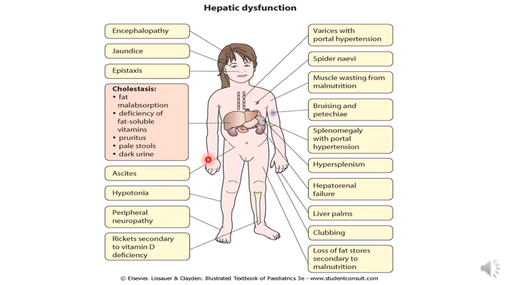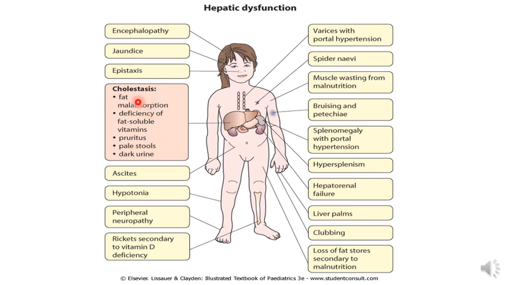Here, the hepatic dysfunction approach: a child with hepatic dysfunction or failure, you may see the CNS is involved, affected by encephalopathy, disturbance of consciousness, coma, jaundice, and epistaxis because coagulation factors are badly affected in hepatic failure.